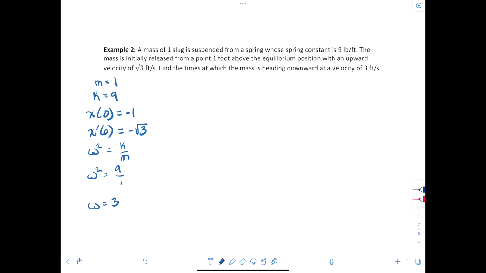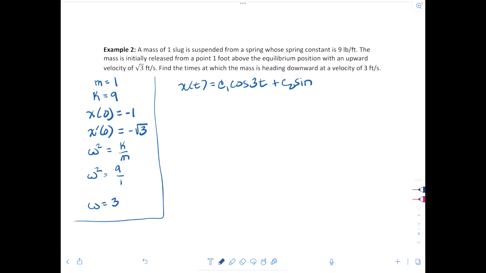Beautiful. So we've got all this wonderful information, so let's put it together. We've got x at t is equal to C1 cosine omega, which is 3 times t, plus C2 sine omega t, which will give us sine at 3t.